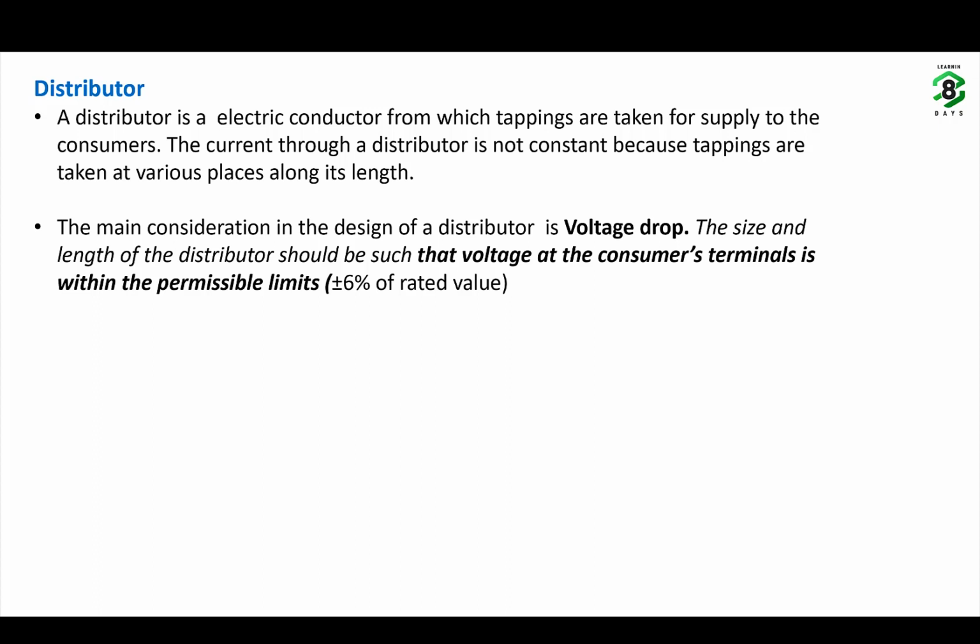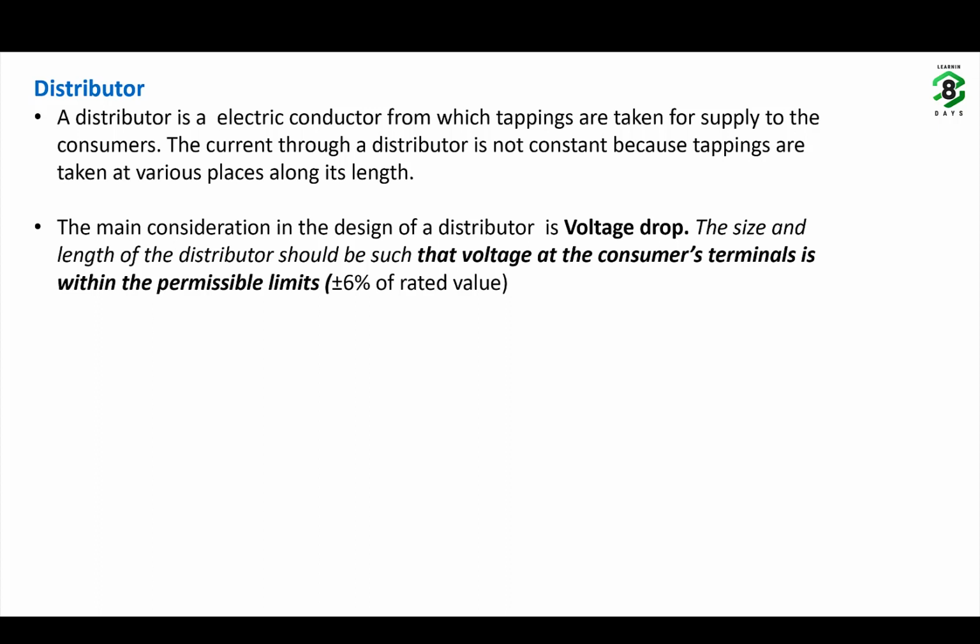Now, the main consideration in the design of a distributor is voltage drop. So you have to design a distributor such that the voltage drop along the distributor is minimum, so that all the customers who are connected to the distributor get proper voltage. The size and the length of the distributor should be such that the voltage at the customer terminals is within permissible limits.